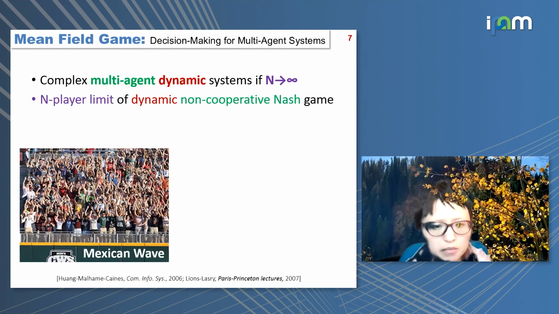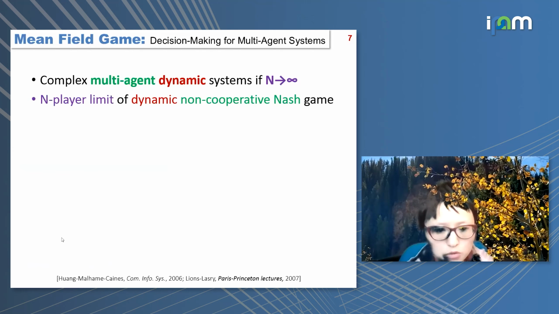And the mean field game, if you look at these 2 references down below, was proposed by a group of engineers and also economists separately, in consecutive years. And it was able to successfully explain many phenomena we observe in the real world.